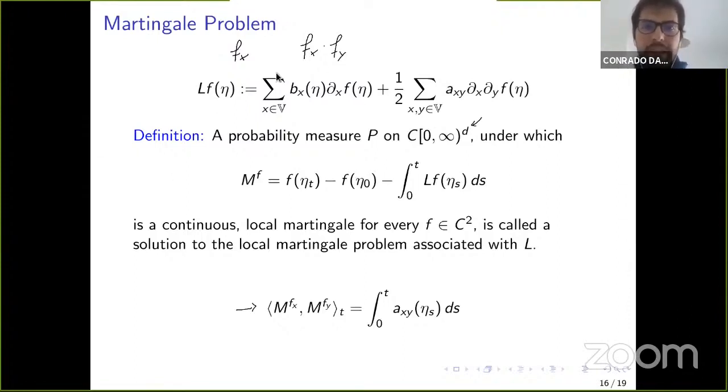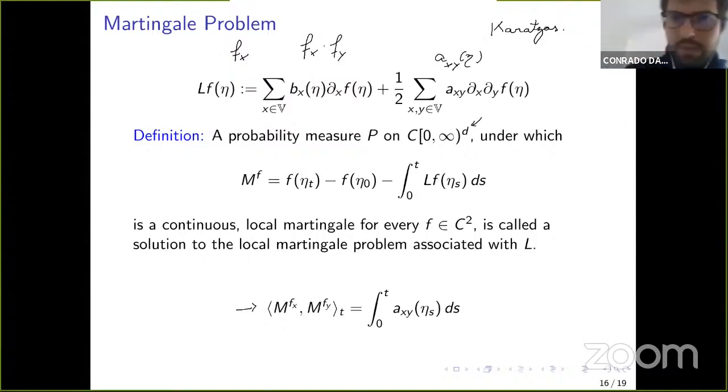I'm just recapitulating. This is taken from chapter 5 in the book of Karatzas. I think it's Brownian Motion and Stochastic Calculus. I'm not entirely sure of the title.